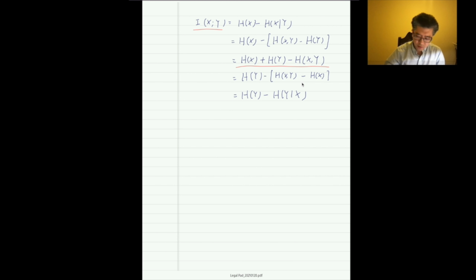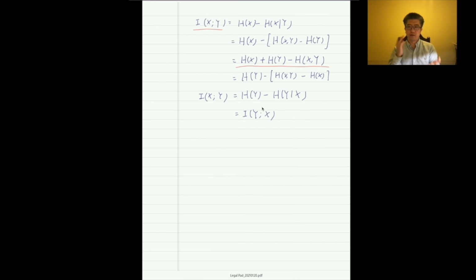So this is equal to that, and we can represent it this way, but now we exchange the order of x and y. Therefore, this will still equal the mutual information, because we derived it from here, and from here we can conclude that it also equals the mutual information between y and x.